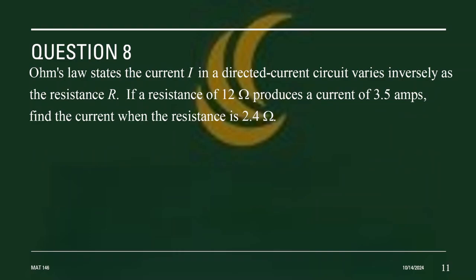Ohm's law. If you have to take E&M, you're going to hate Ohm's law. Ohm's law states the current in a direct current circuit varies inversely as the resistance. If a resistance of 12 ohms produces a current of 3.5 amps, find the current when the resistance is 2.4 ohms.